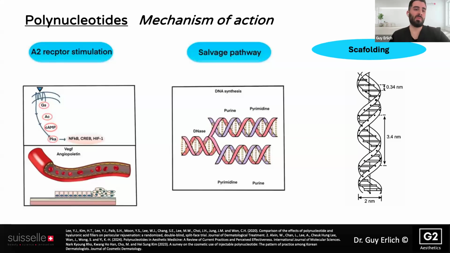Polynucleotide is another way to rejuvenate the tissue and to support energy-based device and other injectables. It has three different mechanisms of action: adenosine A2 receptor stimulation that increases cAMP production, thereby stimulating production of NF-kappa B. We also have the salvage pathway from purine and pyrimidine salvage from the polynucleotide, thereby further stimulating synthesis, migration, and healing of cells. And of course, when we are speaking about polynucleotides and not PDRN, we also have a scaffolding structure for volume and for maintenance of this periorbital area.